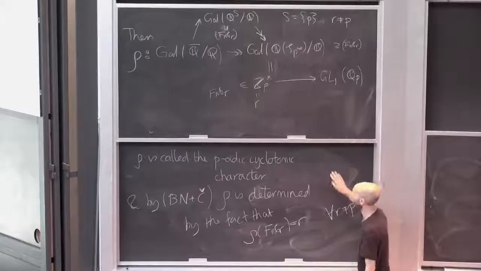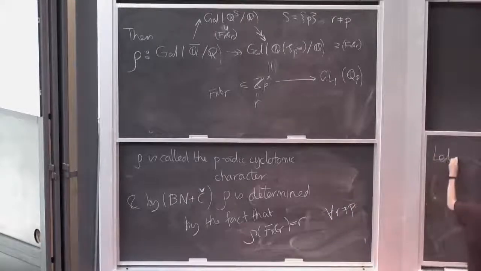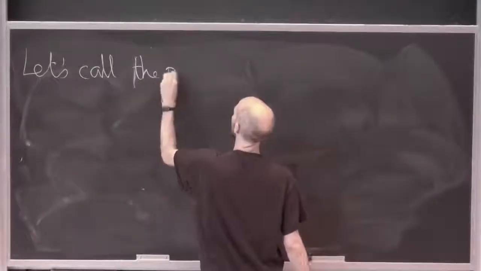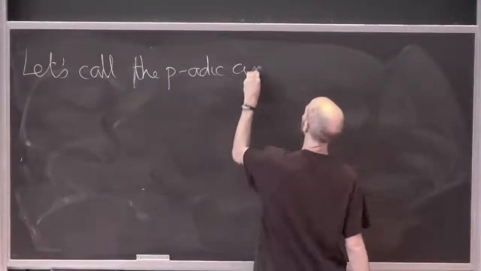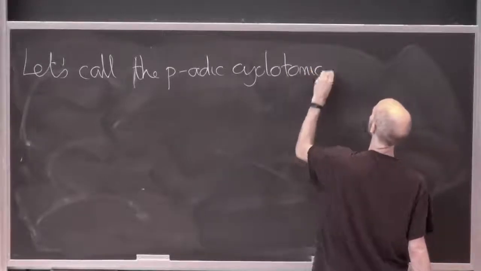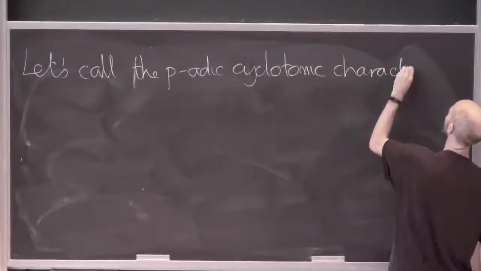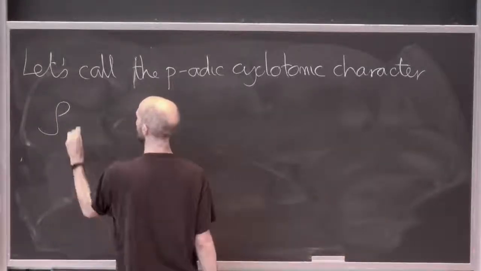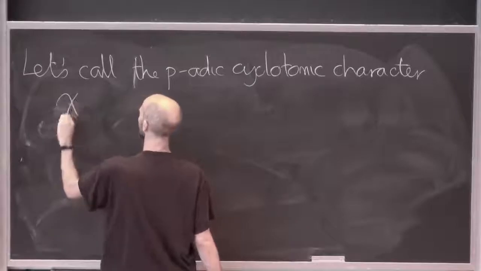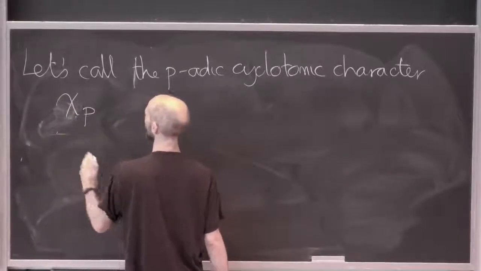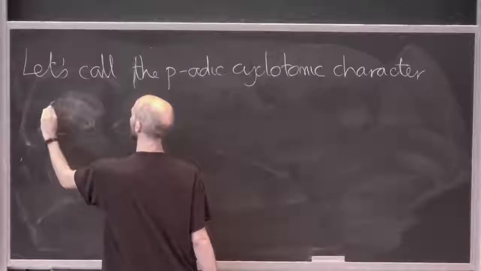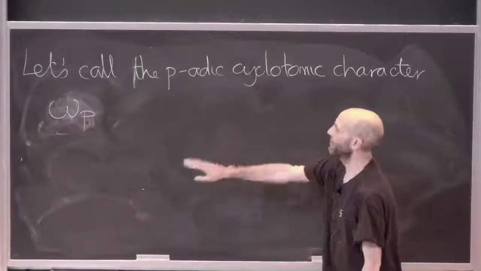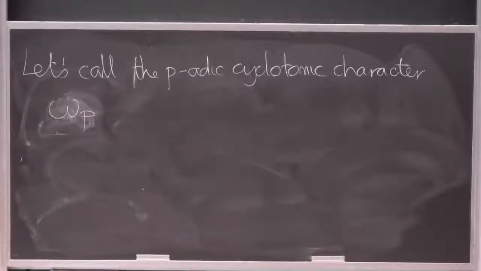I need notation for the p-adic cyclotomic character, don't I? Let's call it omega p.